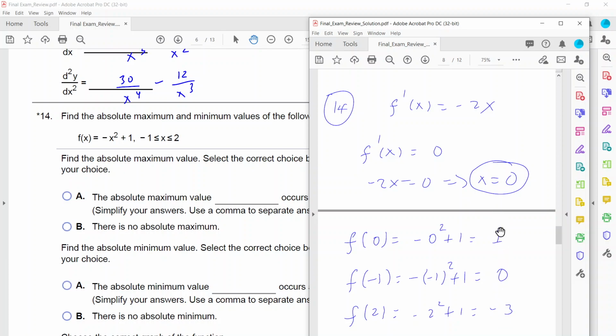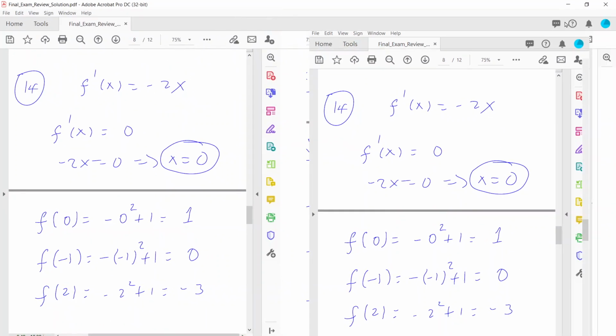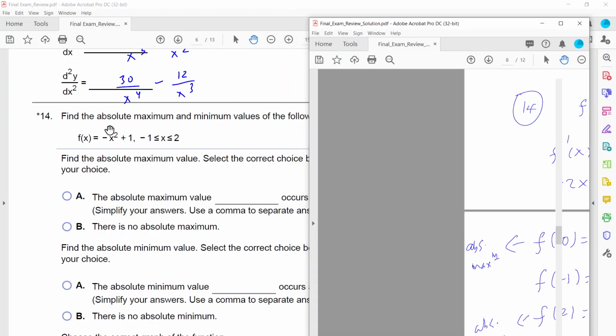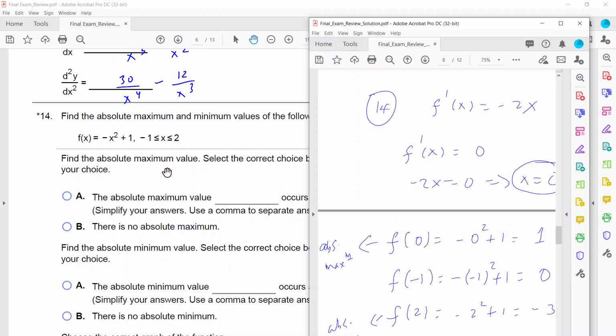By looking at these three values, you can see that 1 is the largest one, so 1 is the absolute maximum, and negative 3 is the absolute minimum. Remember, if you are given a polynomial function or this kind of continuous function, we can always find the absolute maximum or minimum on a closed interval.